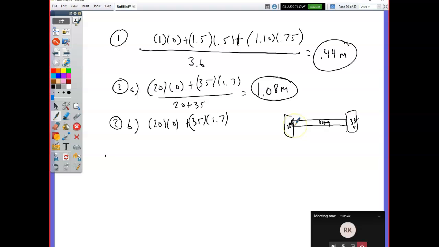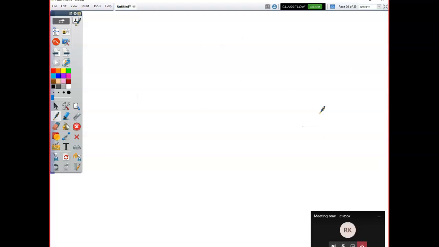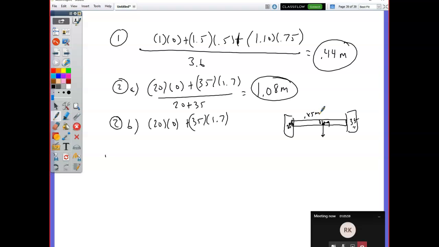If it's a uniform bar, it's going to be the halfway point, right? And that halfway point is 0.85 meters from one of the ends, right? Yes. And so I act like all of its mass is concentrated there.